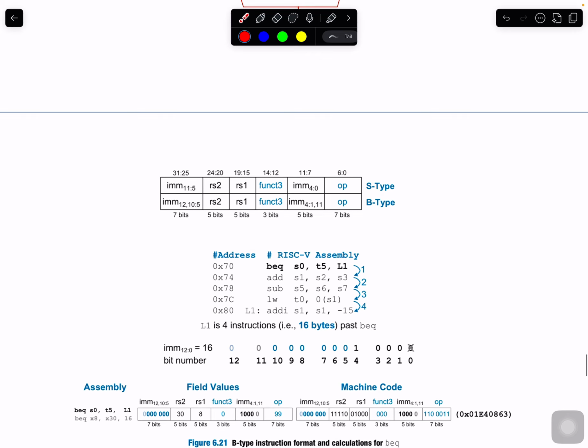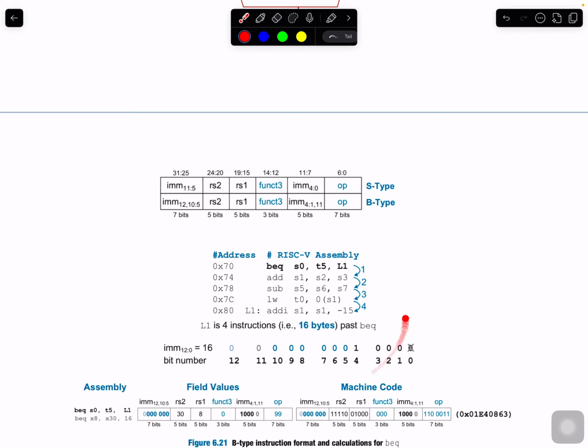Okay, so now look at the B type. B type is again similar to the one above, with a few changes. So this is the opcode, and we know the opcode is 99, and then these 3 bits are funct3, just like the S type. This is RS1, RS2. This is one of the instruction examples: branch if equal, BEQ.